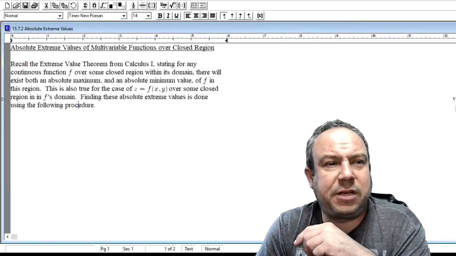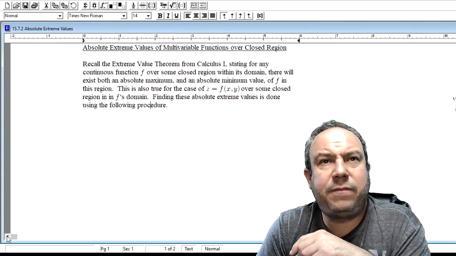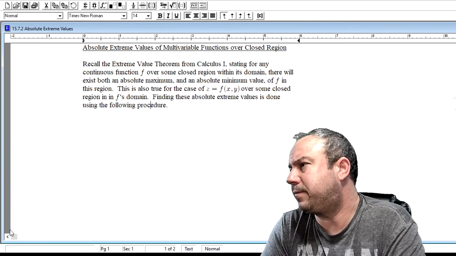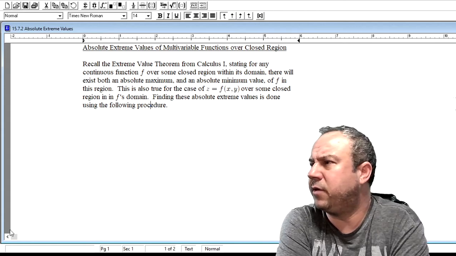Take note in the notes here and recall from Calc 1, folks, what was known as the extreme value theorem. Remember what the extreme value theorem from Calc 1 told us, folks.